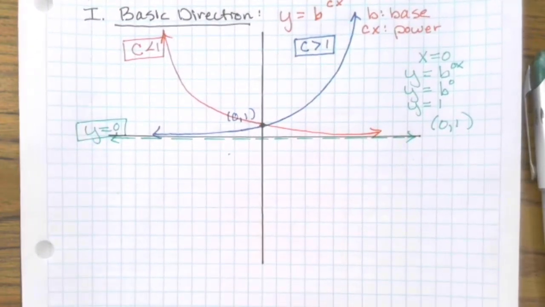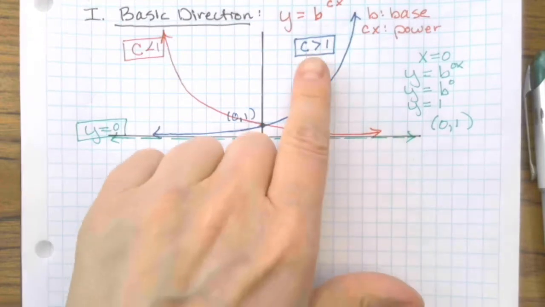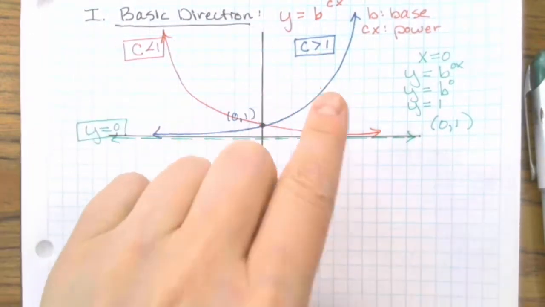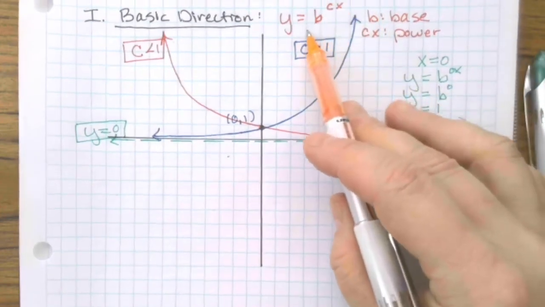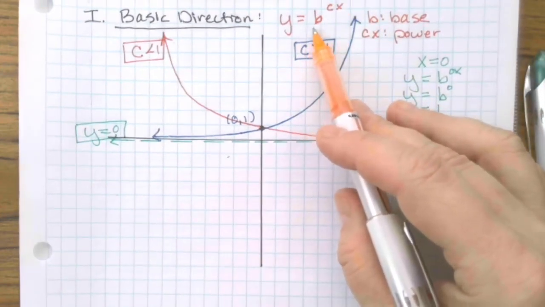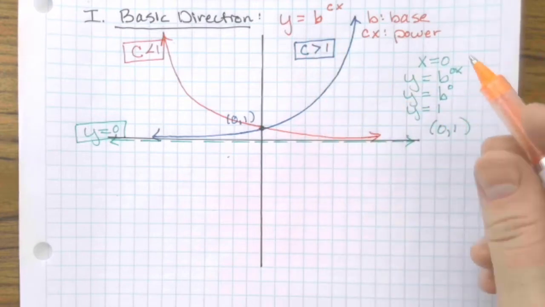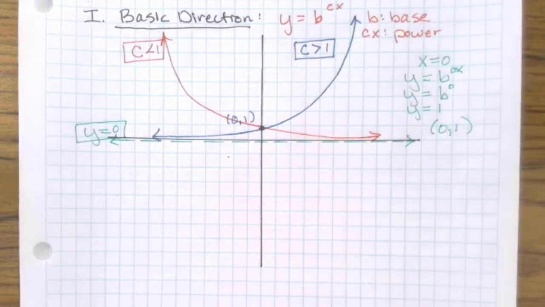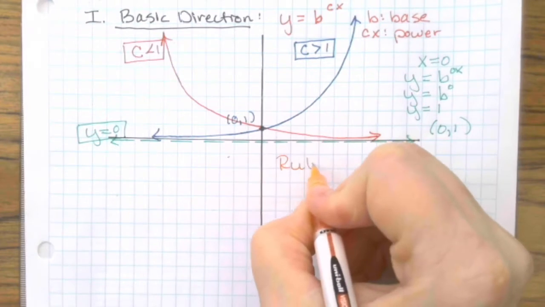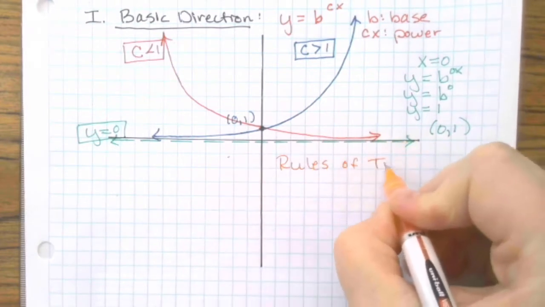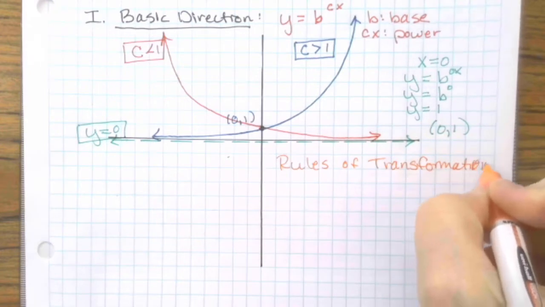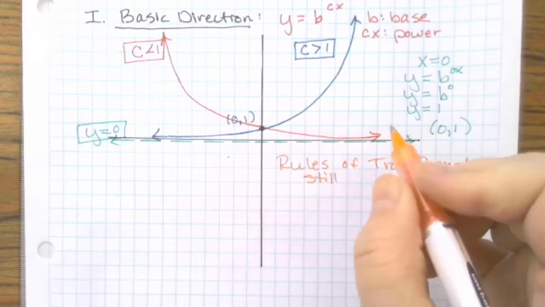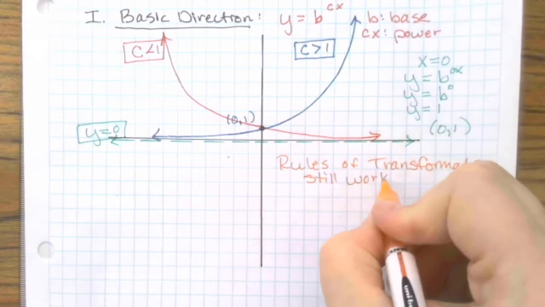Now, those are both examples where c is changing value from positive to negative. Of course, if you apply a negative to the b on the outside, that's a reflection across the x-axis. So your rules of transformation still work.